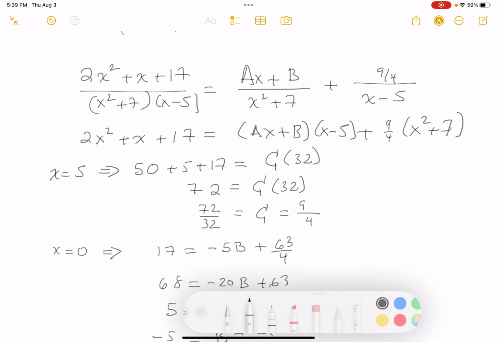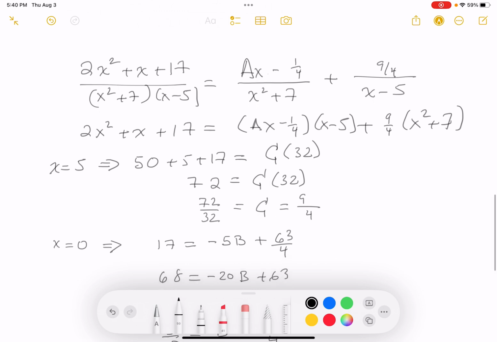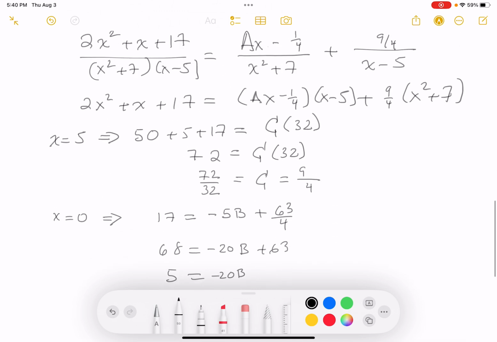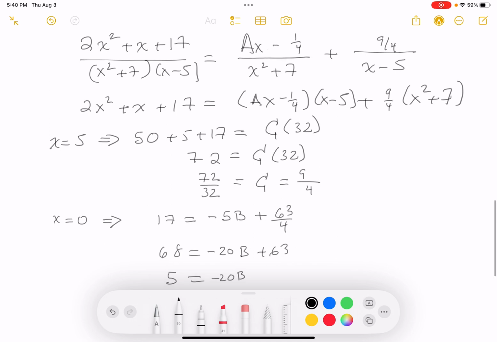Get my eraser out. All right, let's keep going. Well, I chose 2 numbers already. I don't know what the A is yet, and I got to figure this out.